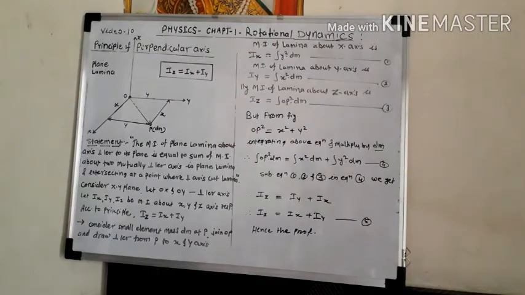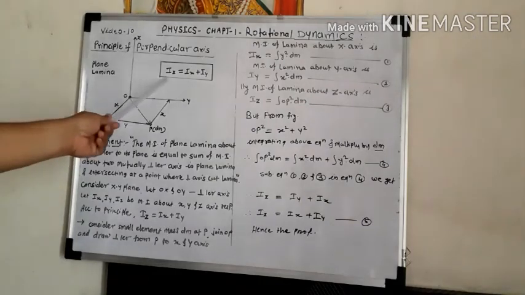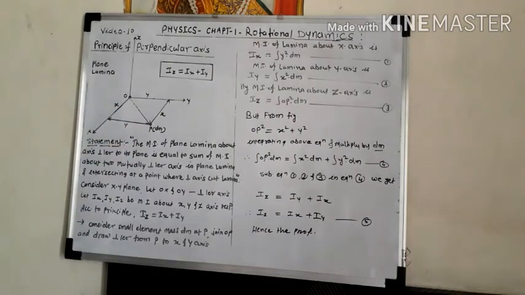If this question is asked, state and prove the principle of perpendicular axis, then you can state it, draw the diagram, give the mathematical statement, that is Iz is equal to Ix plus Iy, and the proof. In this way, for this 3-mark question, write step by step.